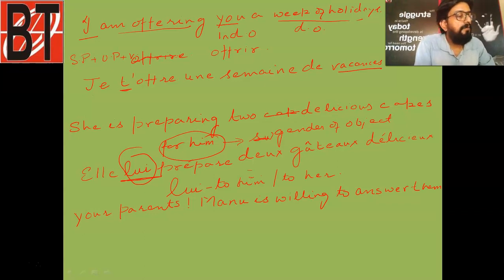Now, how to write your parents? Look at this. I'm using an exclamation mark here. So your parents, you can say tes parents, and you can leave the exclamation mark, tes parents, or the question mark, tes parents. Manu.